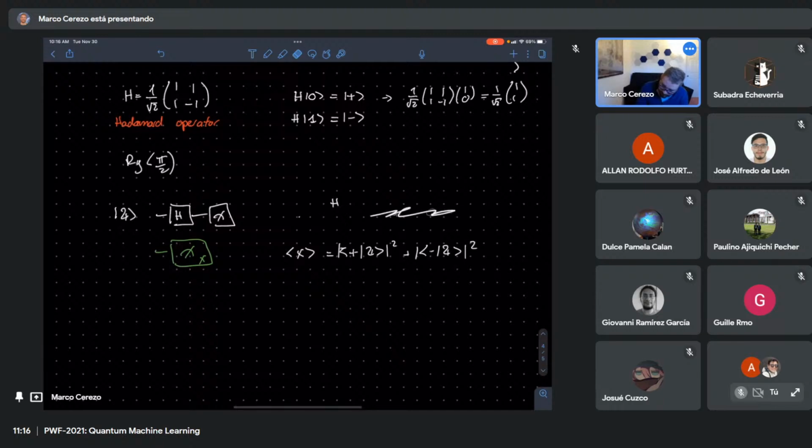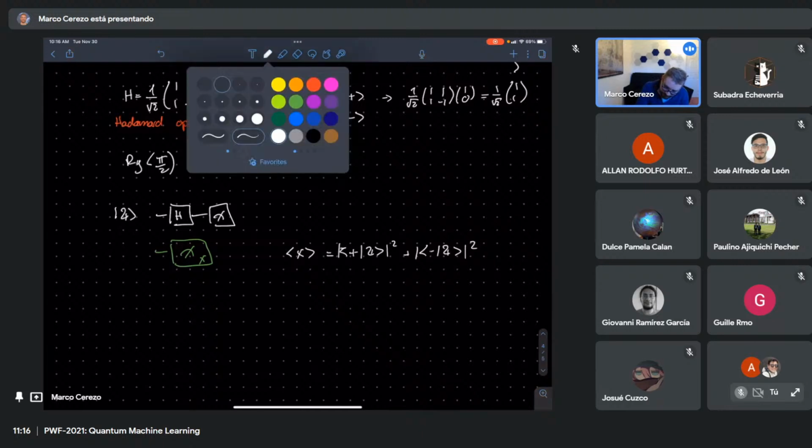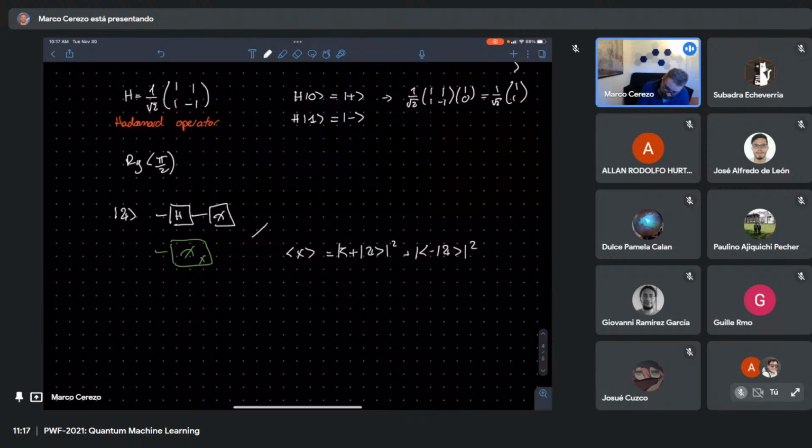Let's think about what this circuit is doing, and let's think about this interpretation right here, where we said that we were projecting with a measurement operator M0 that was |0><0|, and a measurement operator M1 that was |1><1|. Whenever we rotate the basis, what we're saying is that we're applying the Hadamard to those operators, and we have to make a conjugation, and that conjugation is H M0 H dagger.